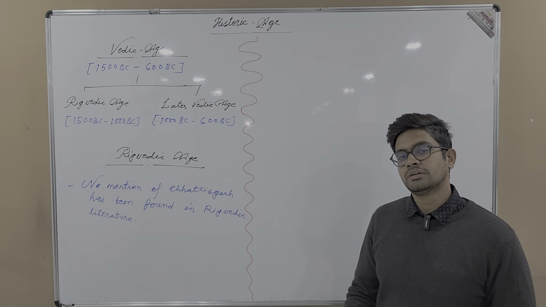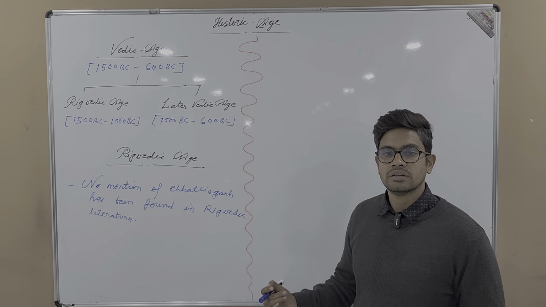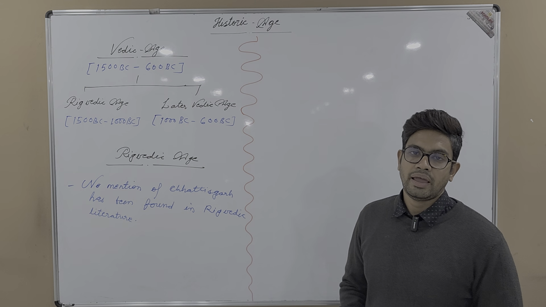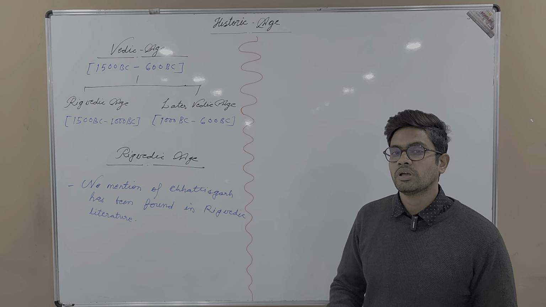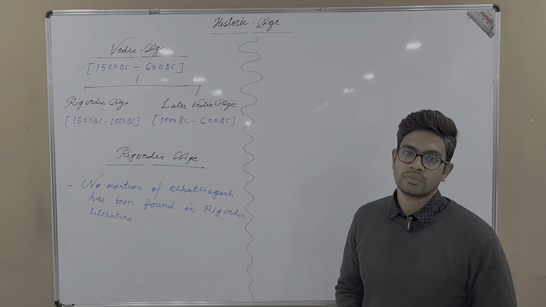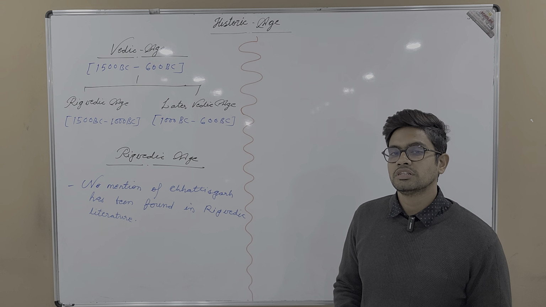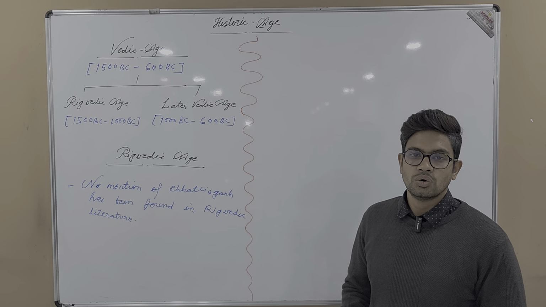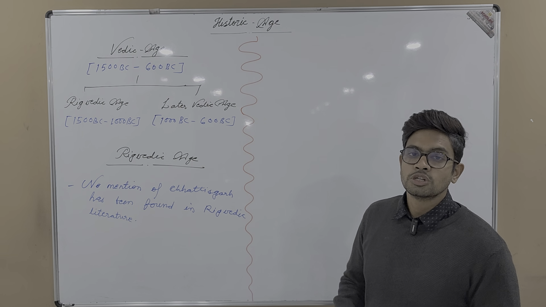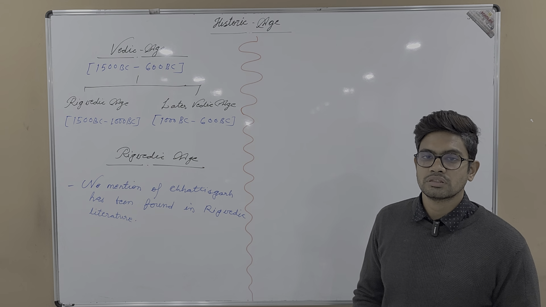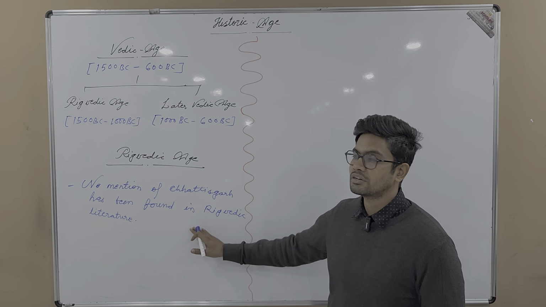From there the Aryans migrated in the Rig Vedic age, and they had reached up to Yamuna only. That is why there is no mention of Ganga in Rig Veda, because their advances were limited to Yamuna. How can there be any mention of Chhattisgarh? That is why there is no mention of Chhattisgarh in Rig Vedic literature.